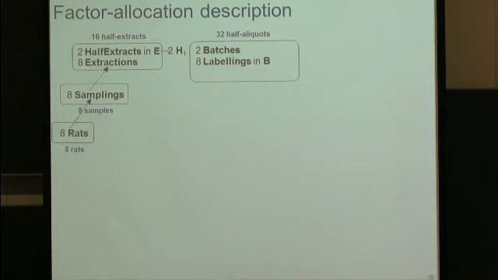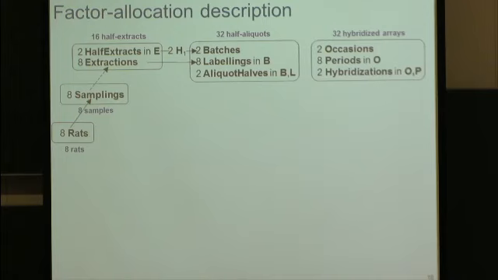And so I've now got them labelled level 1 and level 2 according to H1, which is then randomised to the two batches, and then I can randomise the 8 extractions in each level of H1 to the 8 labellings. And we then divide the 2 aliquot halves in each labelling in each batch into 2.